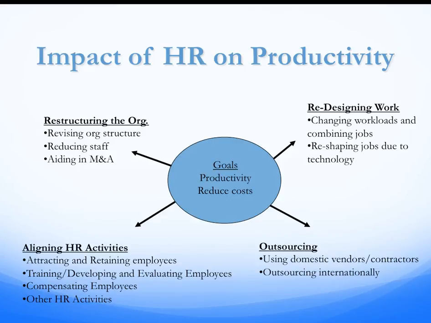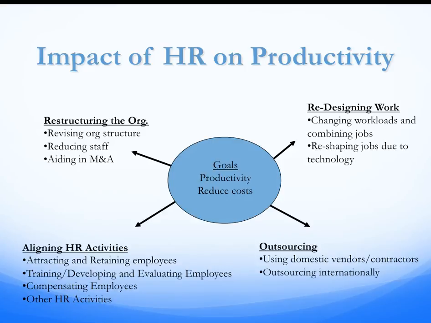In terms of restructuring the organization or redesigning the work, what we're talking about now is looking at the way things are done and deciding what changes need to be made. At a more macro level, we could restructure the organization. We can decide that this structure doesn't work for us. We want people to work in teams, so we're going to change the way that we structure the organization to help us make better decisions and do the work that we need to do.